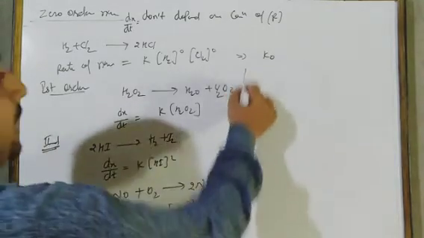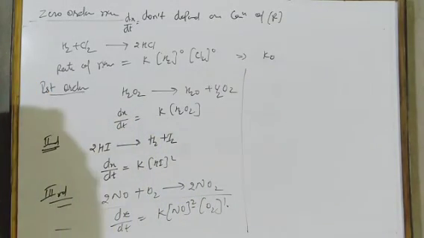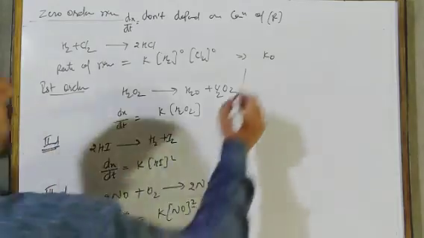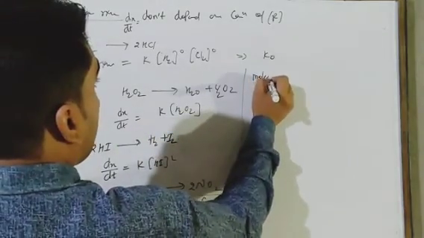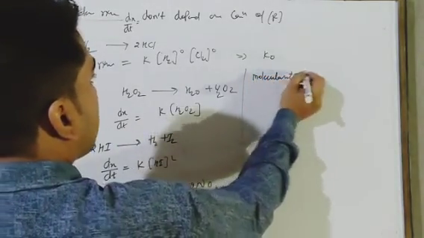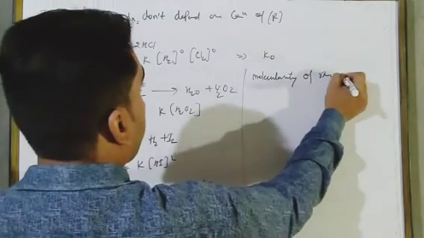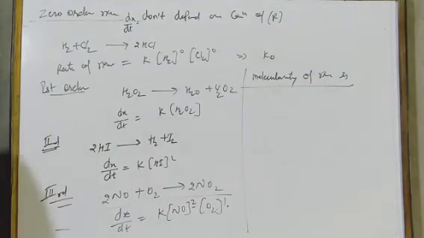Molecularity means the number of molecules which are taking part in the reaction. So the molecularity of the reaction means the total number of molecules, atoms, ions taking part in the fundamental chemical reaction.